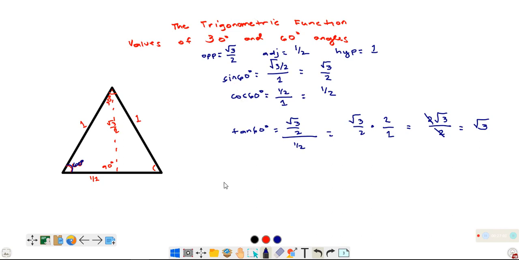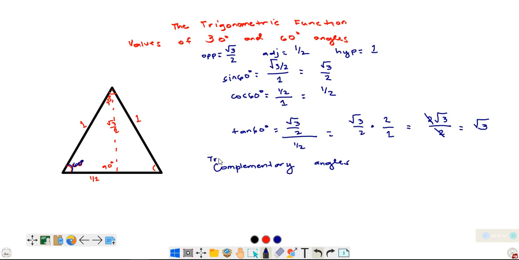Though, we should discuss this in a later chapter. I will go through it quickly. So, we have some rules when dealing with complementary angles. If you take notice, 30 and 60 degrees are complementary angles.